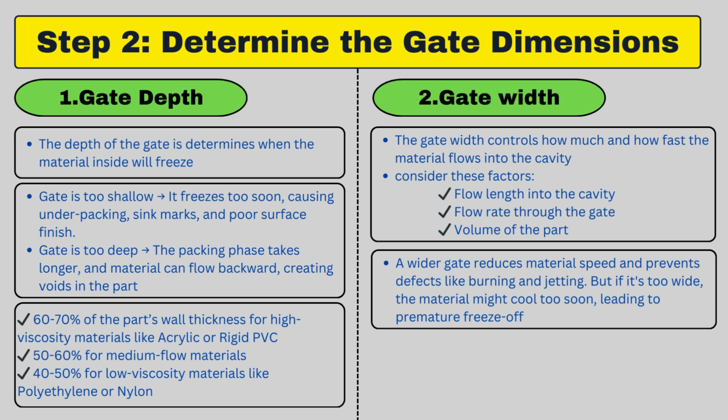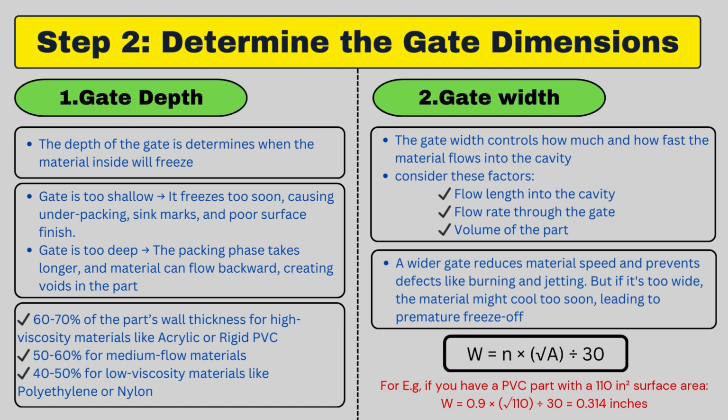And if it's too wide, then the material might cool very soon, leading to premature freeze off. So we can take a simple formula, where W is the gate width in inches, A is the surface area of the cavity in square inches, and N is the material constant. For polyethylene it will be 0.6 and 0.9 for rigid PVC.